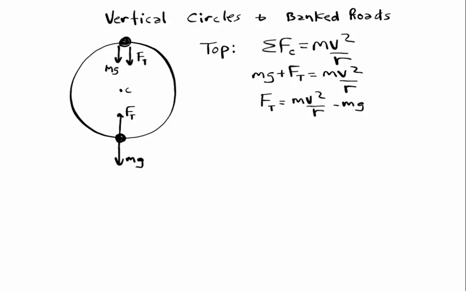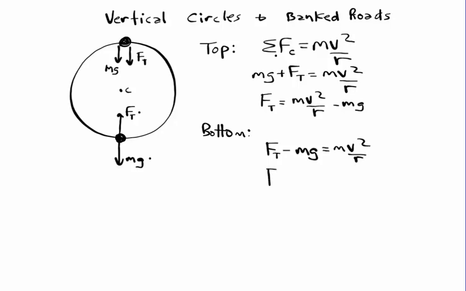Now at the bottom, I've got the tension pointing towards the center of the circle and the weight pointing away from that. So the expression I'm going to use is the tension minus the weight equals mv squared over r.